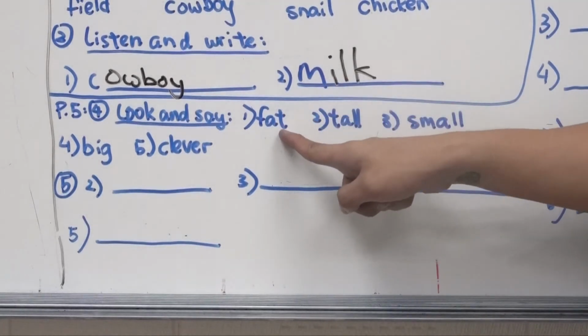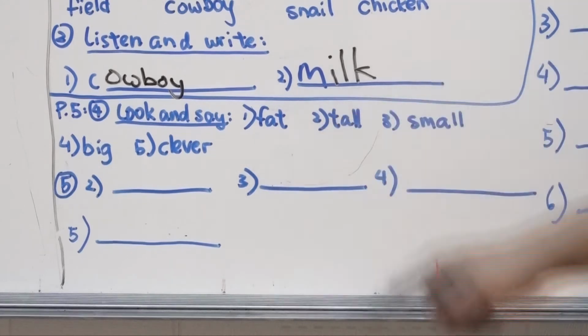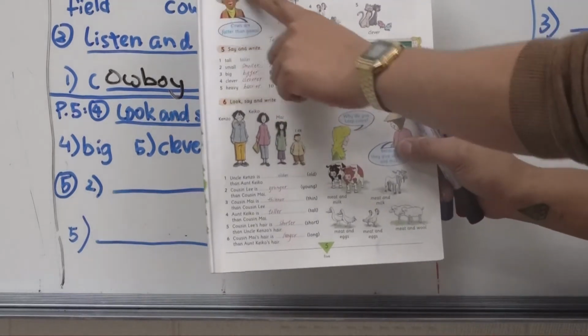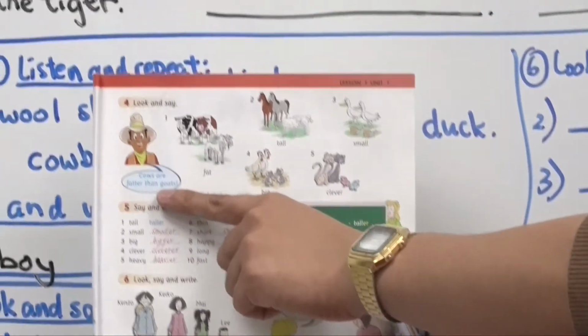Part 4. Look and say, if we have fat, fat will become fatter than, right? Where can we find that answer? We can find it on the cowboy next to picture 1. The boy says cows are fatter than goats.